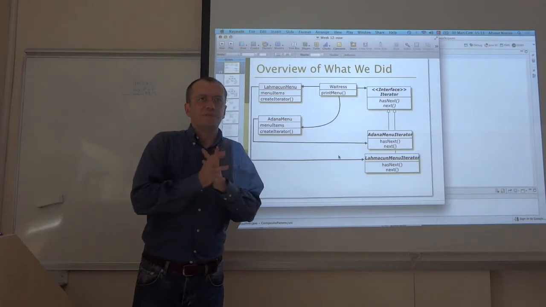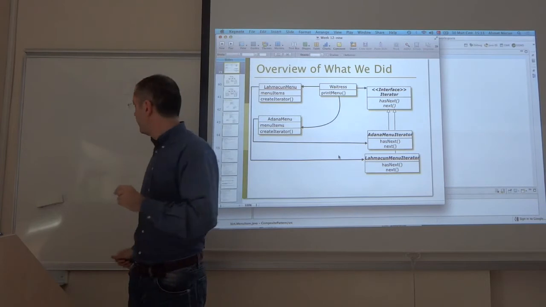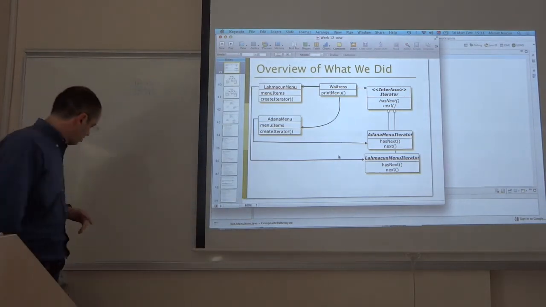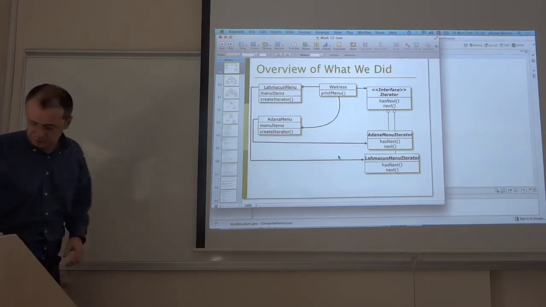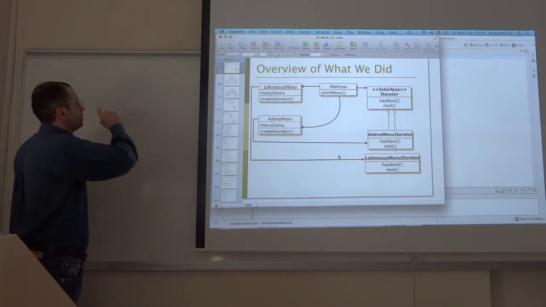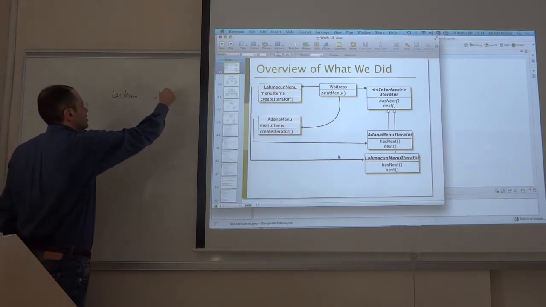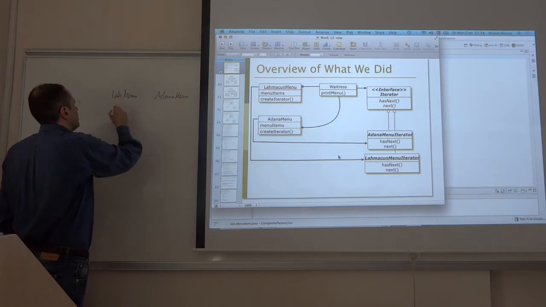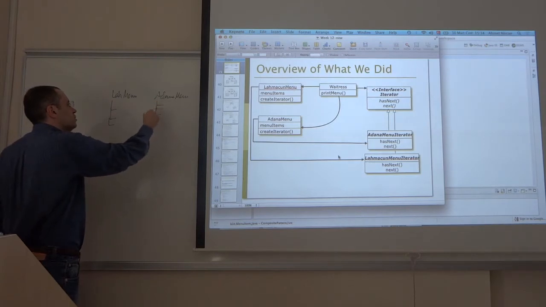Now the difficult part. Remember, the difficult part was to be able to... well, we had this lahmacun menu and Adana menu, and we had under that several menu items and several menu items here as well.